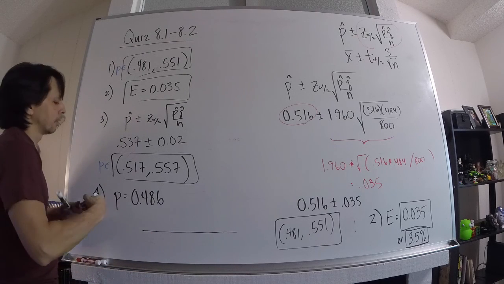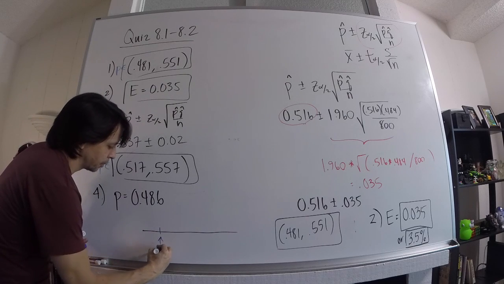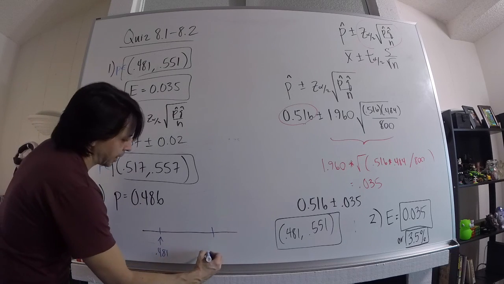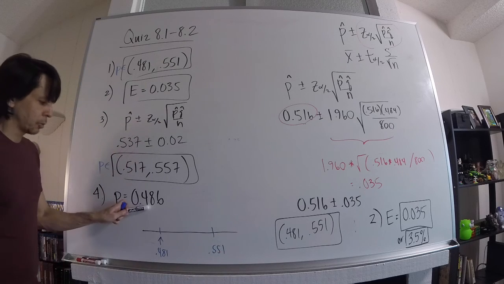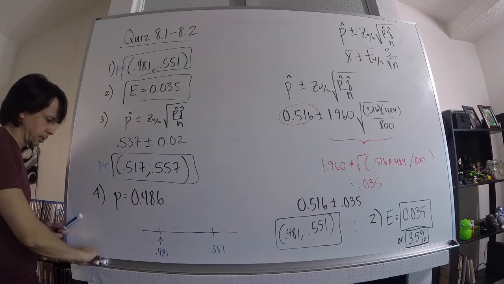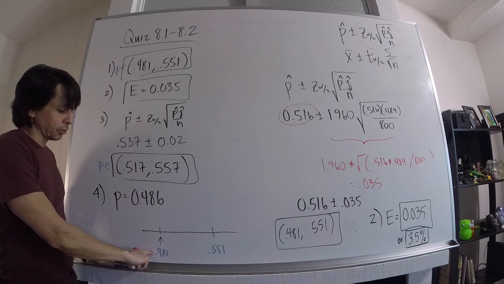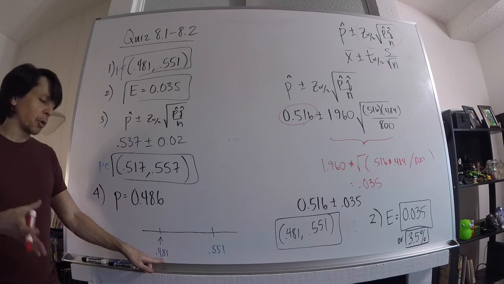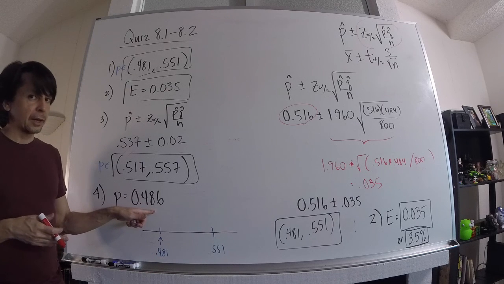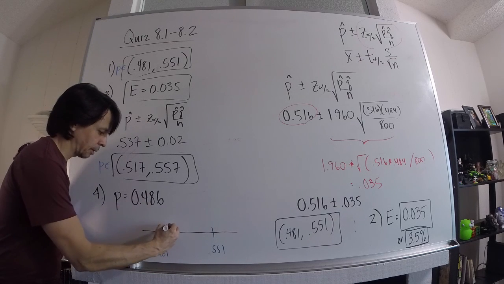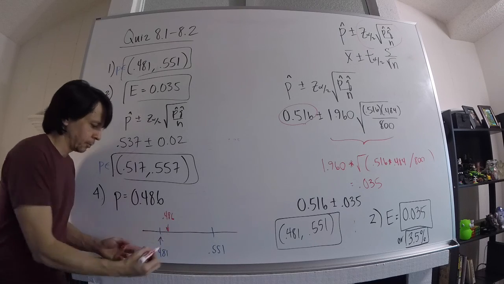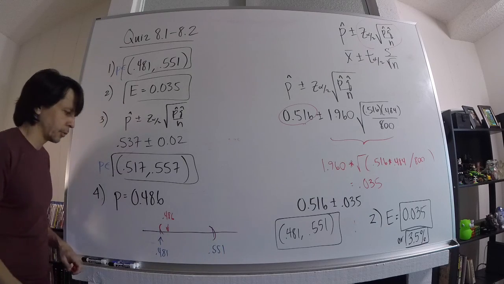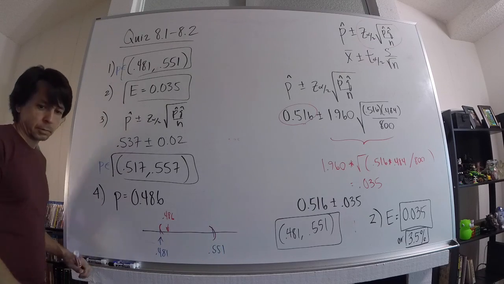The top interval was from 0.481 to 0.551, and now you're just trying to figure out where 0.486 lies. Is it below that or above that? You can ignore the decimal and just think 481 versus 486. Which one is higher? 486 is higher. So 0.486 will be slightly to the right of it. It will be higher, meaning it will be contained in there. I'm going to write this.